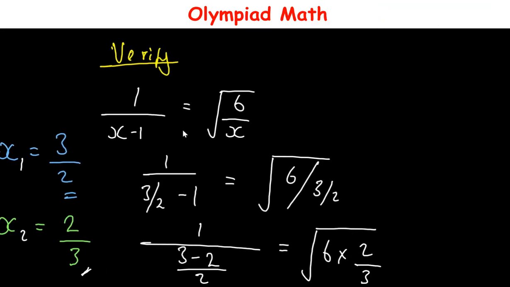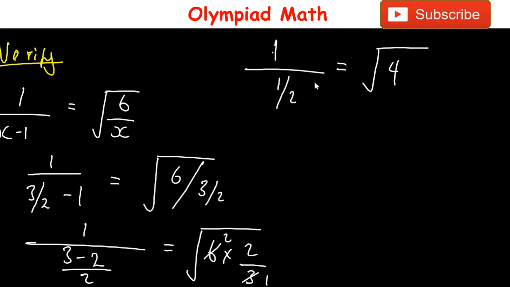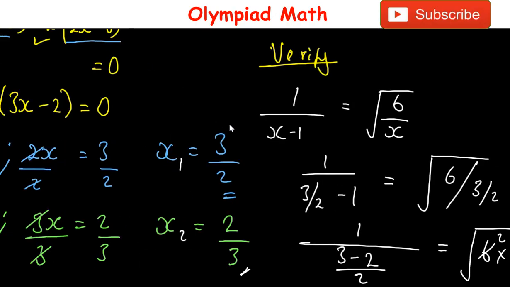With this, we have 1 over 3 minus 2 over 2, which is 1 over 1 over 2, and this equals the square root of, 3 here 1, 3 here 2, so 2 times 2 is 4. 1 over 1 over 2 is simply 2, equals the square root of 4, which is 2. And since they equal each other, this means that the value of x1 that we got as 3 over 2 is the correct solution of x.